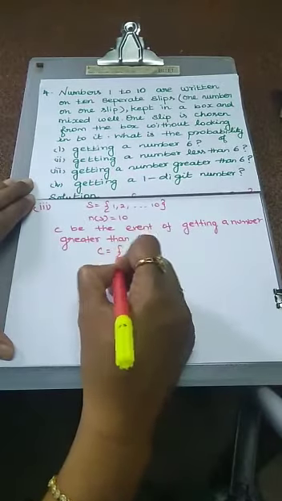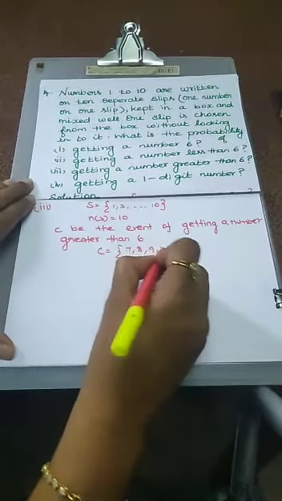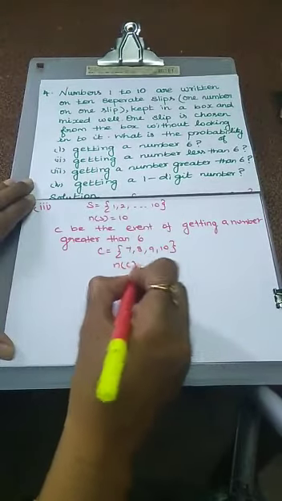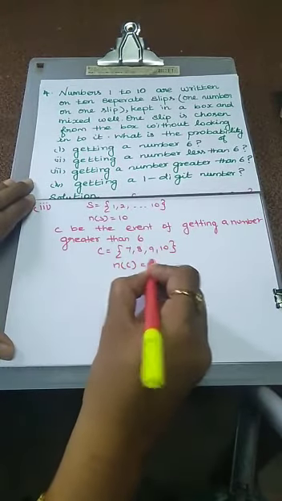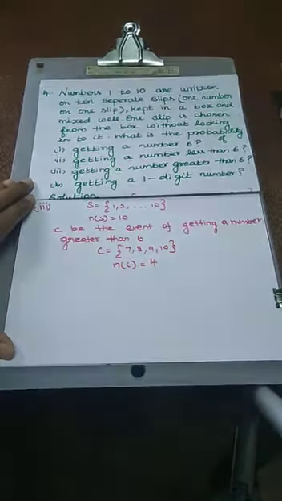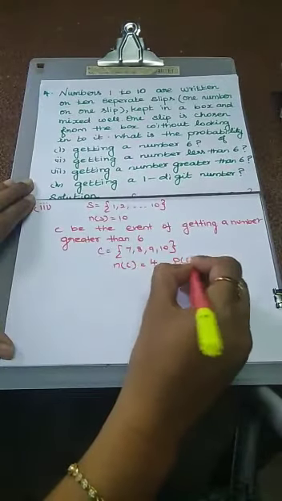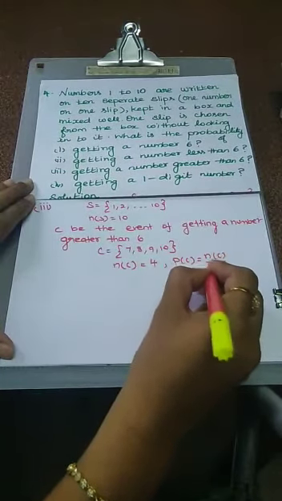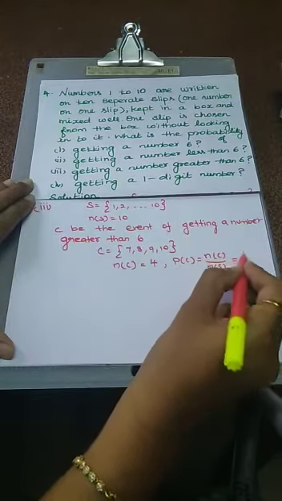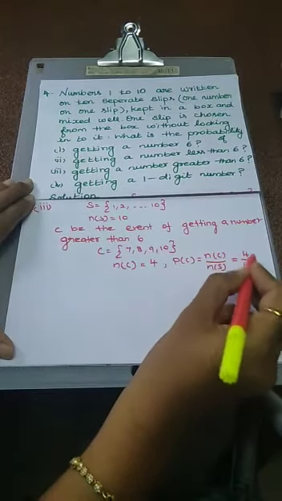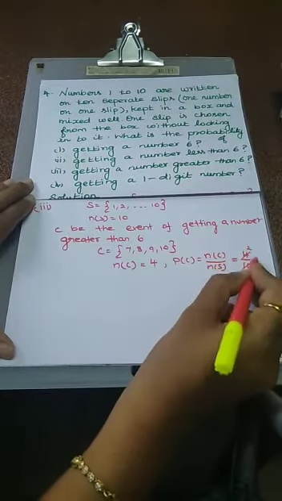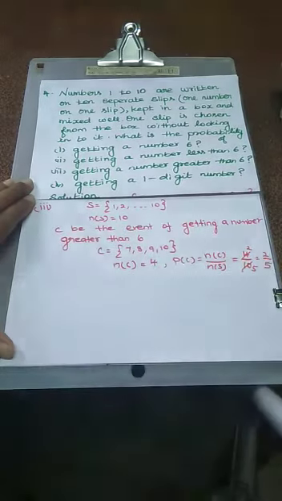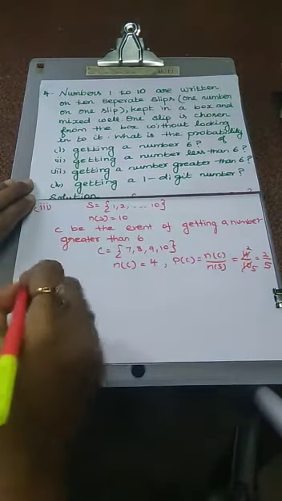C is equal to 7, 8, 9, 10. So what is the N of C value? That is 1, 2, 3, 4, number 4. The formula is P of C equal to N of C by N of S. N of C is 4 and N of S is 10. Cancelling, 2 twos are 4, 2 fives are 10. So the answer is 2 by 5. This is our third subdivision answer.